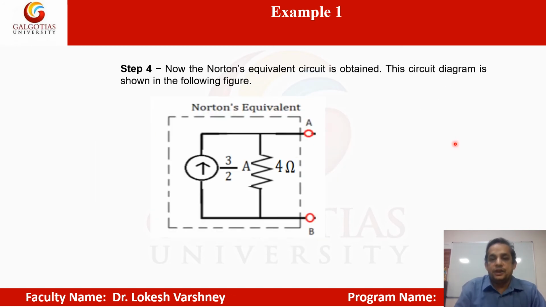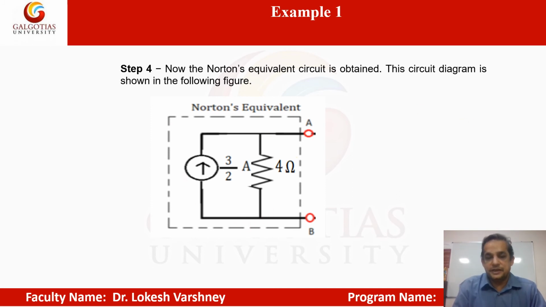Now come to the equivalent. We know the Norton current is 3/2 ampere and Norton resistance is 4 ohm. Both are in parallel, so it becomes the Norton equivalent. Now we find the load current in the load resistance.